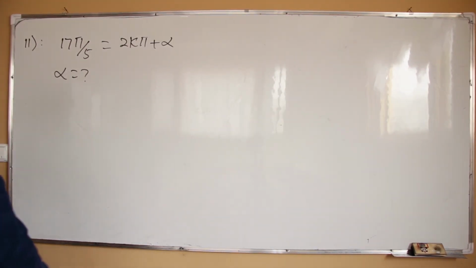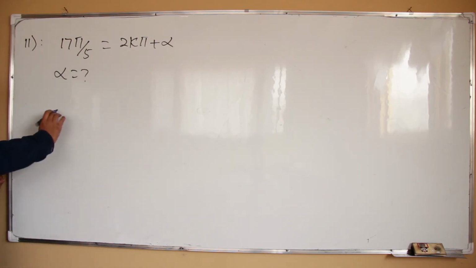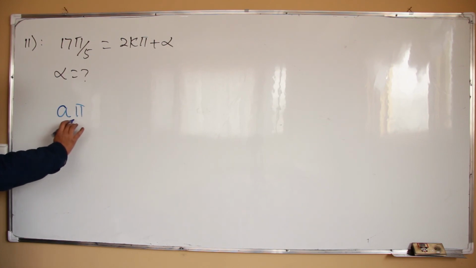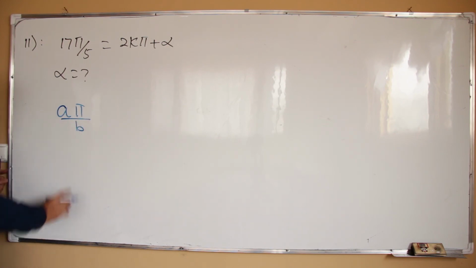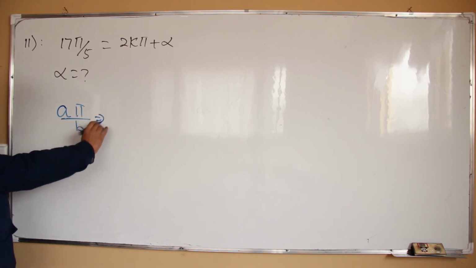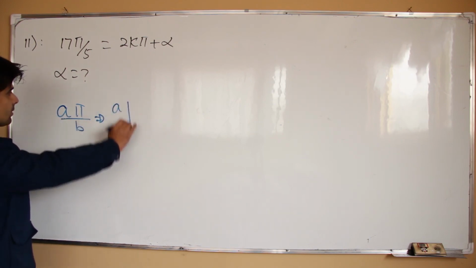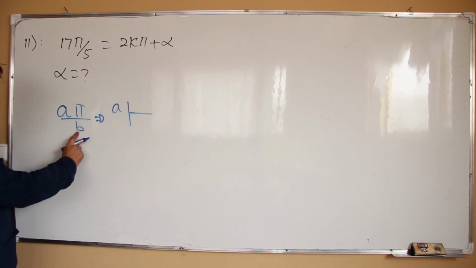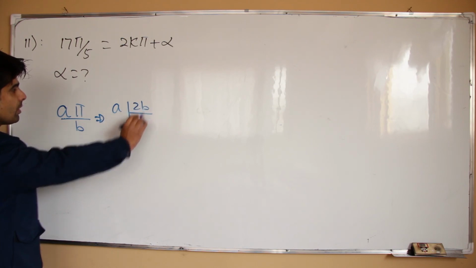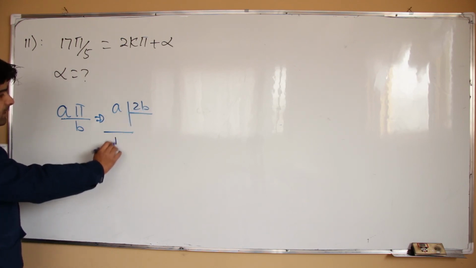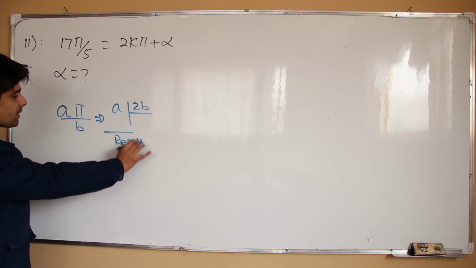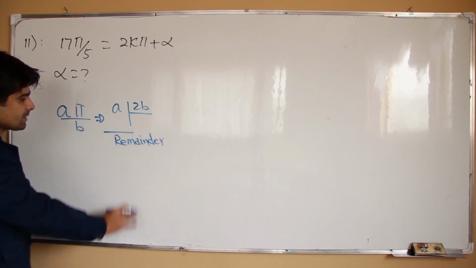By the way, how can you find the reference angle in the radian system? In the radian system, if you have a pi divided by b, now you have to divide a by 2 times the denominator, 2b. Now the remainder is the answer.